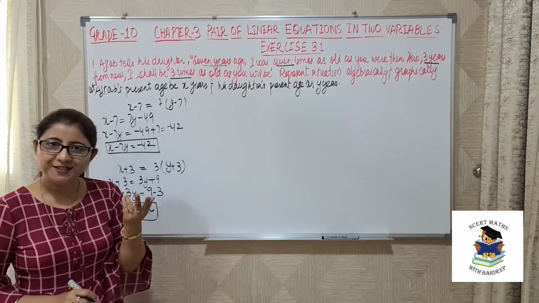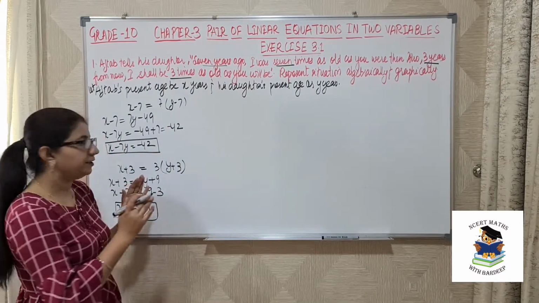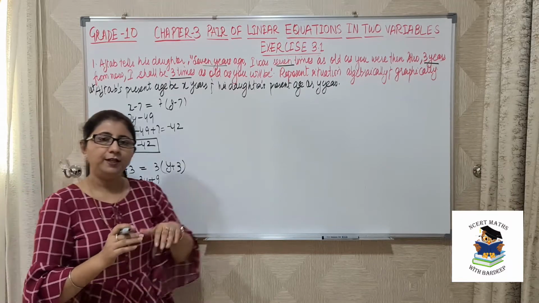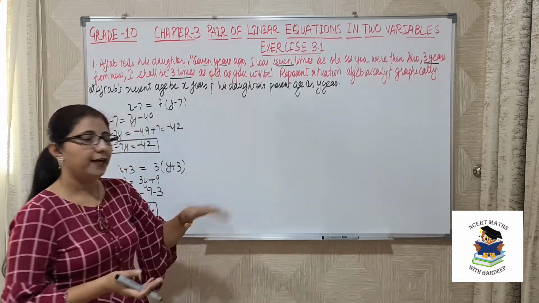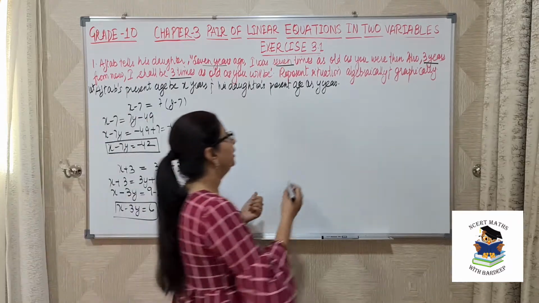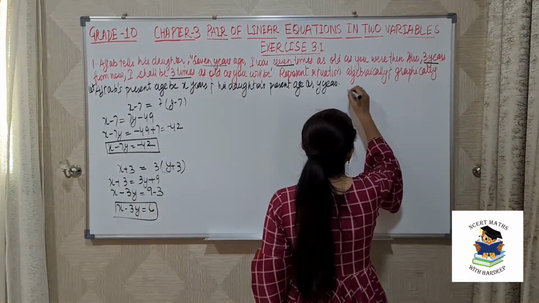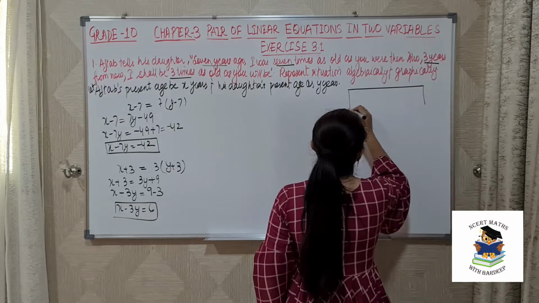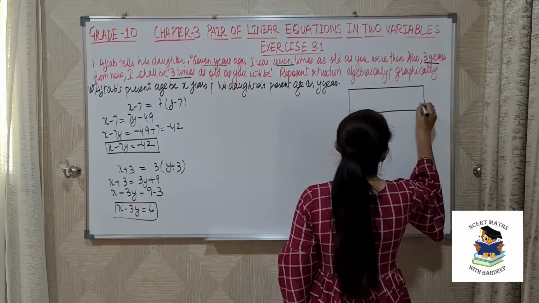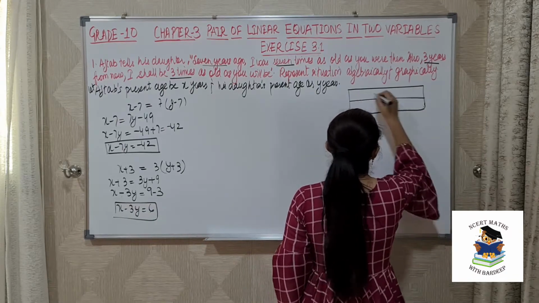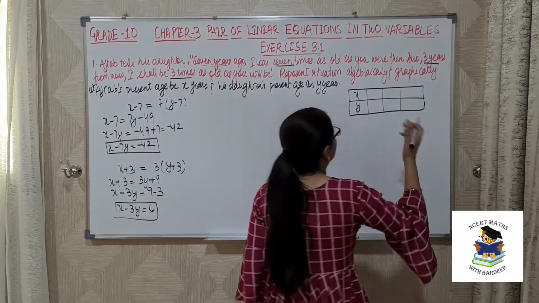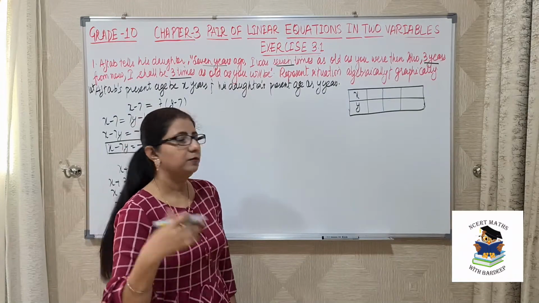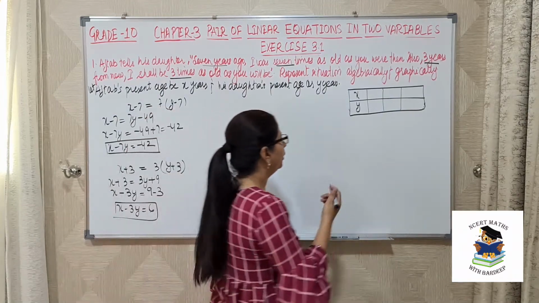So now what should be my second step? I'll make table, I'll put certain values of x and find the corresponding values of y so that I can plot their graph. So let's make table. x, y, and you can minimum 2 points you should frame, more as many as you want.